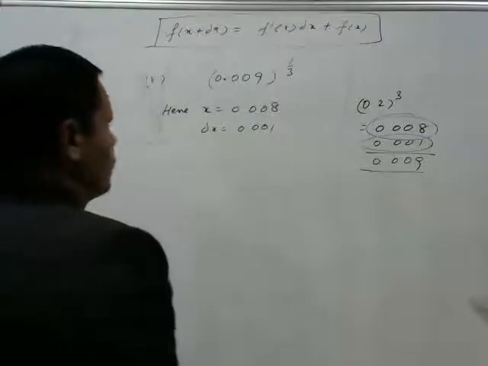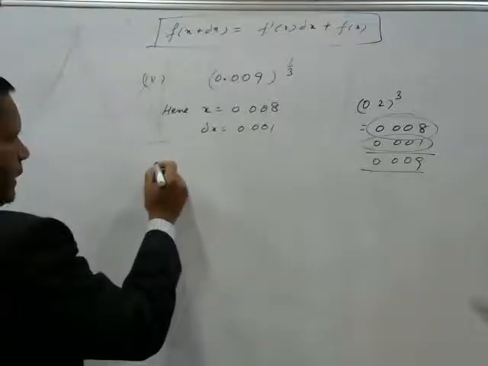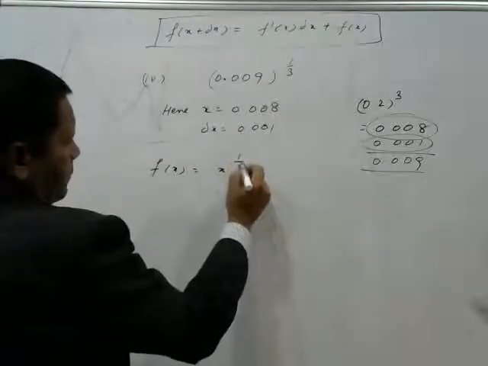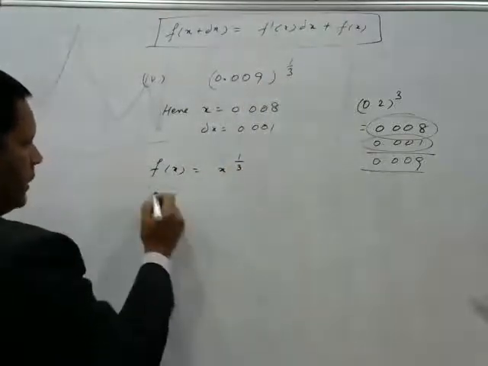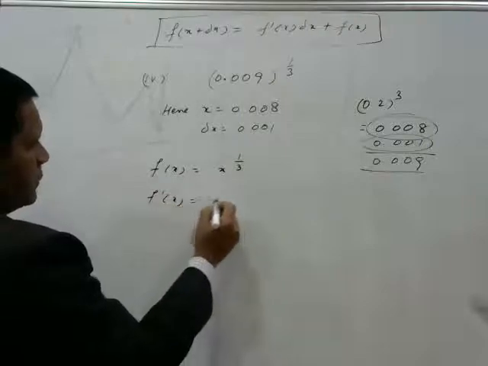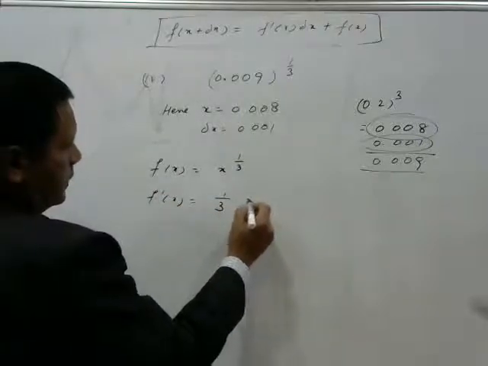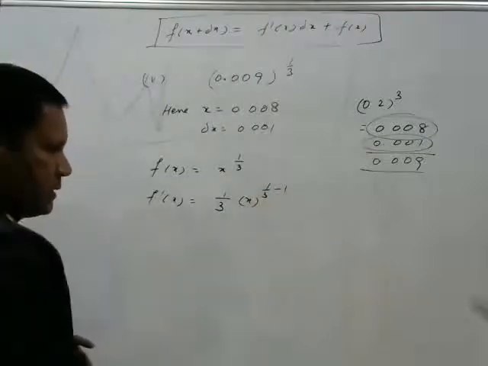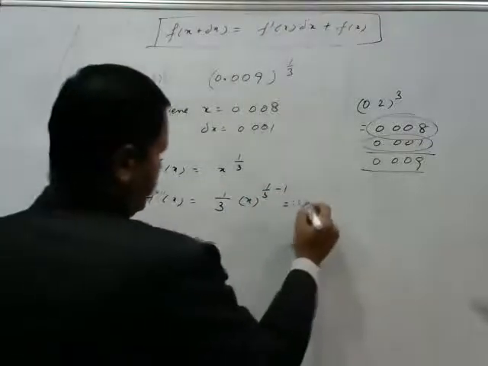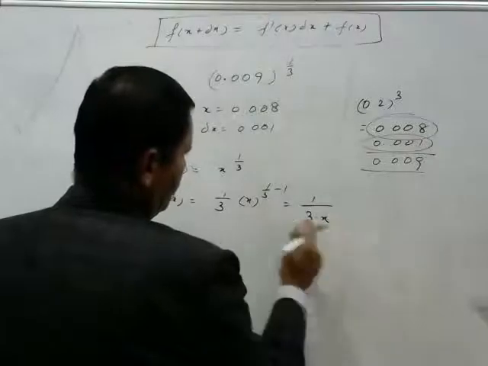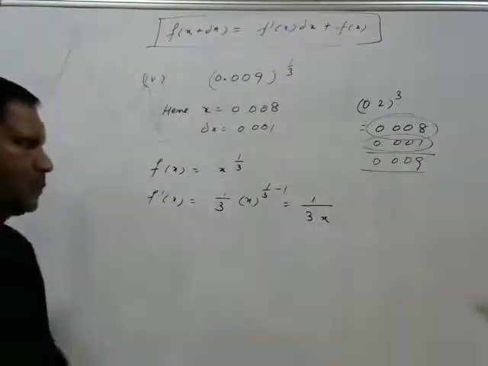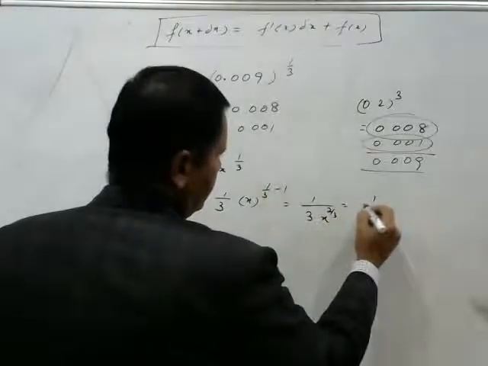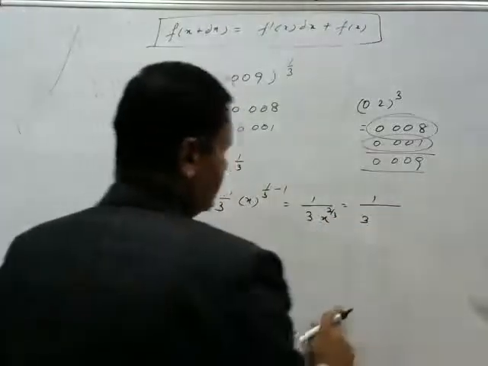Right? Now, here f of x is equal to x to the power 1 by 3. Therefore, f dash of x is equal to 1 by 3 into x to the power 1 by 3 minus 1, differentiation both the sides. Therefore, I will get here 1 by 3 into x to the power 1 by 3 minus 1, minus 2 by 3. I can write x to the power minus 2 by 3. That will give you 1 by 3 into x to the power minus 2 by 3.